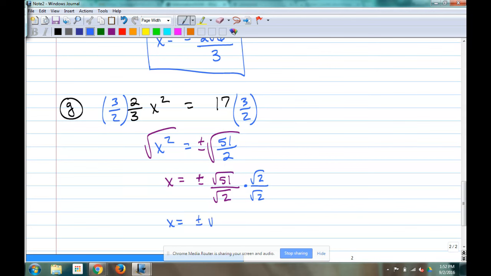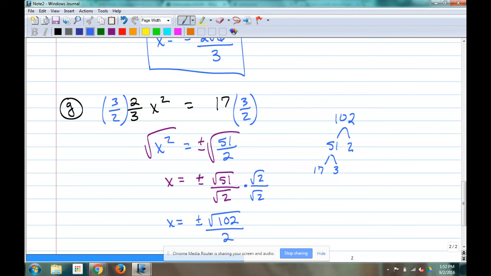That'd be 102 over 2. And if I try to break down 102, there's no pairs. So that's why I'm leaving it square root of 102 on top. Seems like a large number that won't break down, but it doesn't. No pairs to break it down with. Okay, so that's why we want to do there.